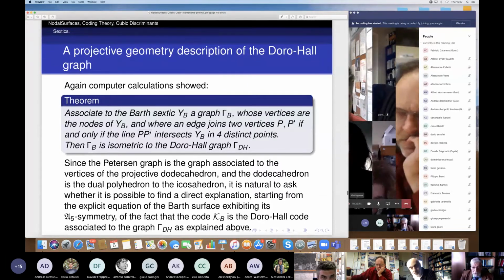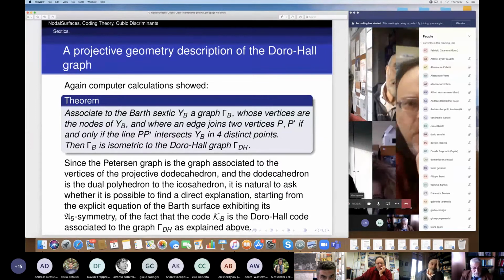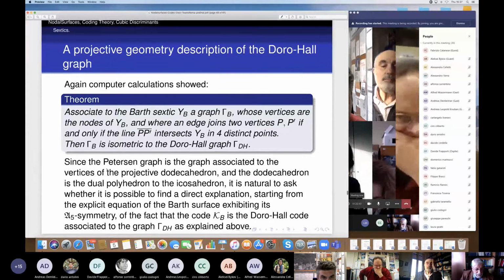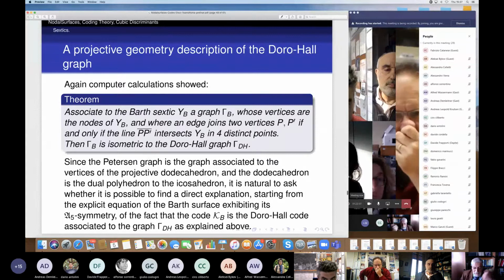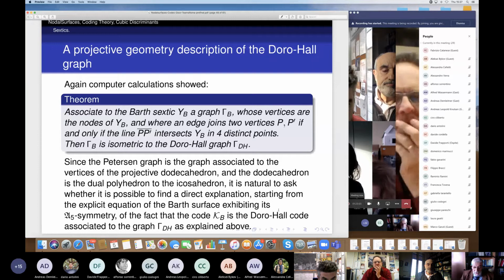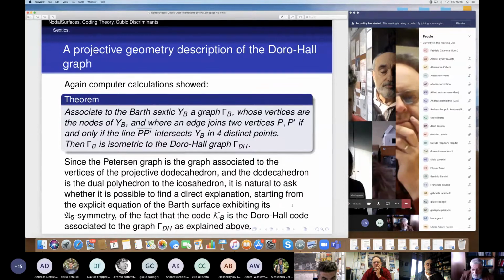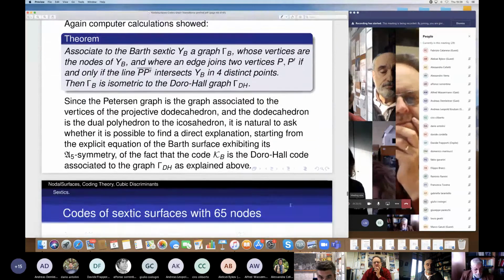We have not only an explicit description, but some conceptual one. What is missing is that the Petersen graph is related to the dodecahedron, which is dual to the icosahedron, and the symmetry of the Barth surface is given by the icosahedron. So the question is, is there a direct explanation for this mysterious coincidence? This is beautiful, and I hope in the future it will be solved.